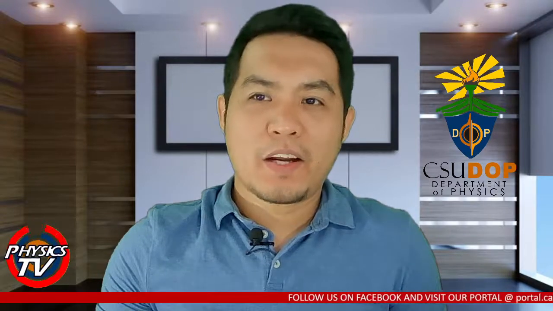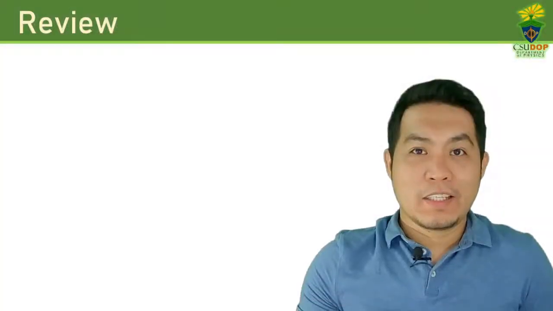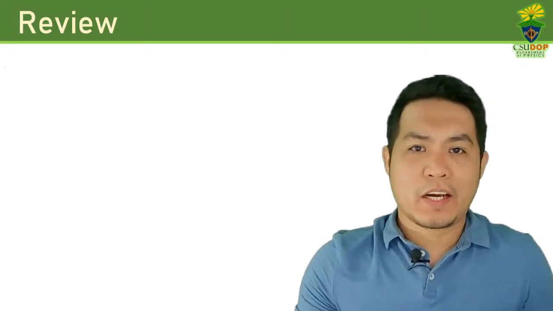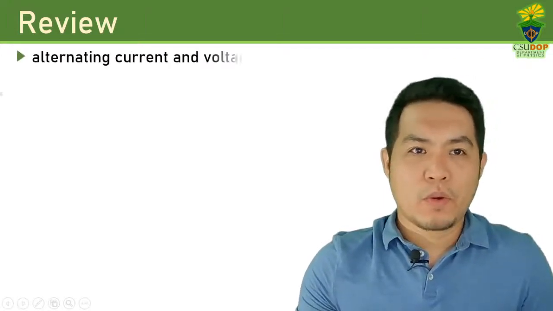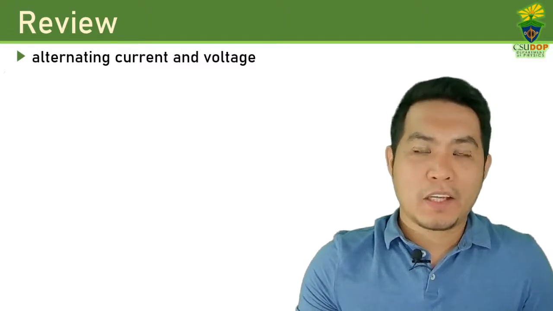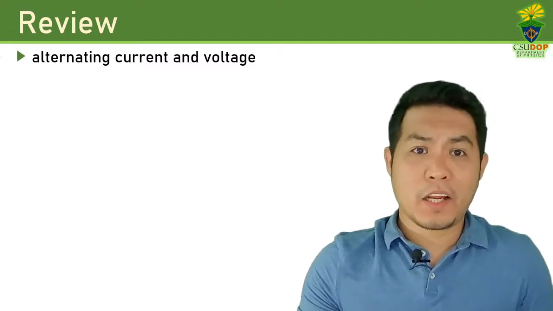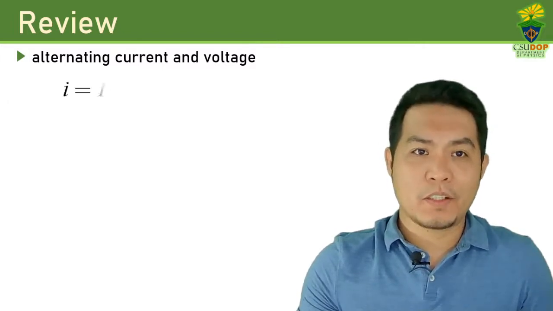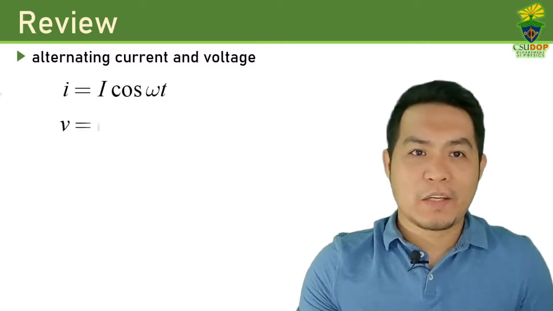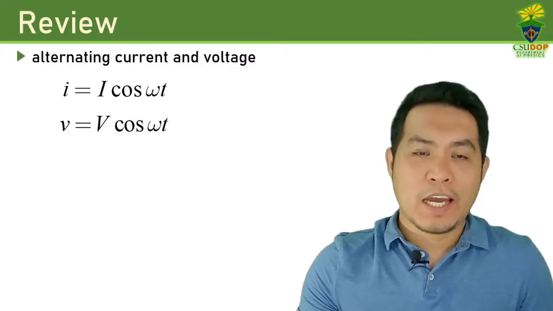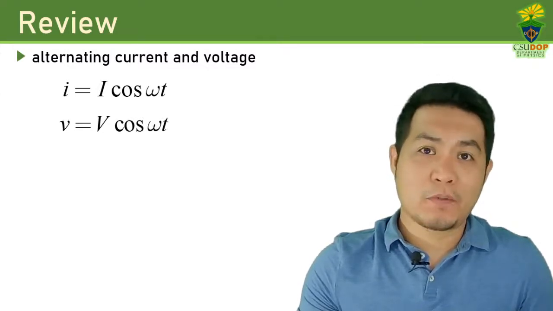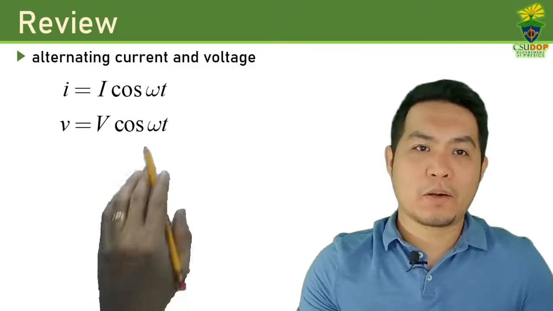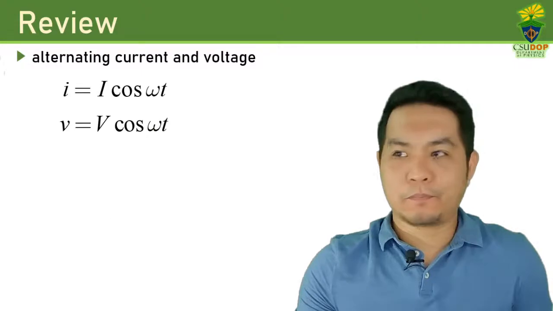So we are now on the second lesson for the chapter on alternating currents. So far, we have described alternating currents and alternating voltages in terms of phasors, where we can write the instantaneous current and voltage as a function of the current and voltage amplitudes, the angular frequency, and time.